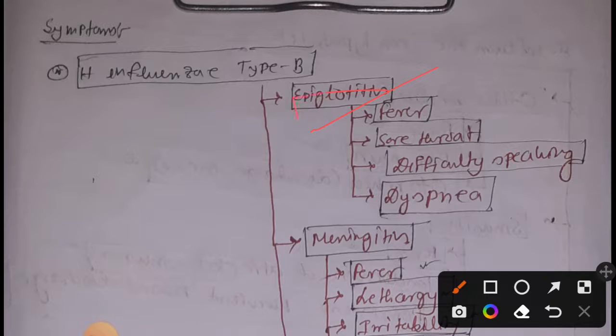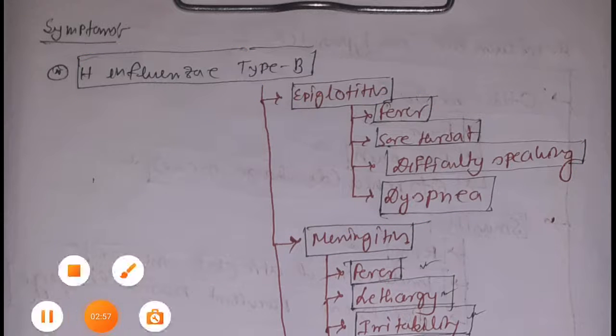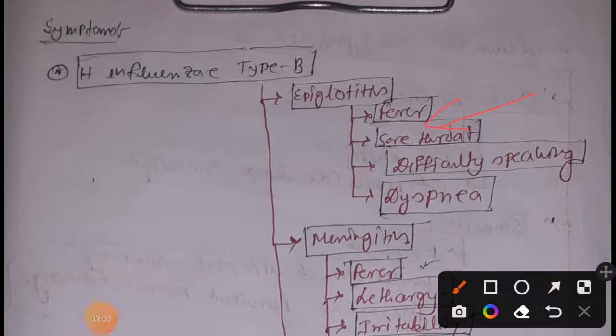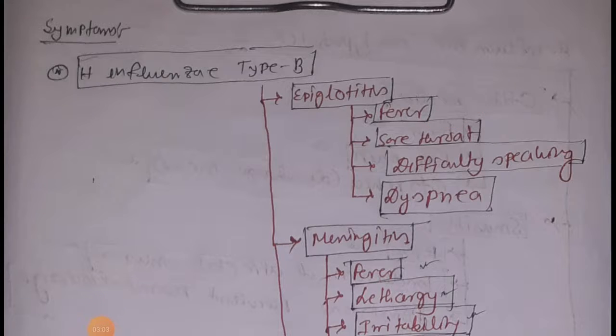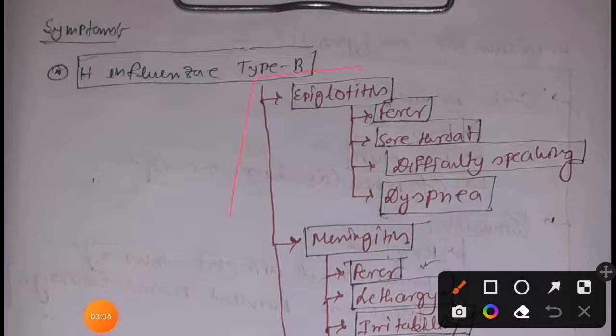And another important thing: whenever there is a foreign pathogen in your body, your immune system gets activated, and as a result there is a generation of heat. So you can observe the symptom of fever in almost every kind of disease. This is the advantage. Whenever you are not able to remember any symptoms, you can just write fever. In 99% of cases you will succeed.